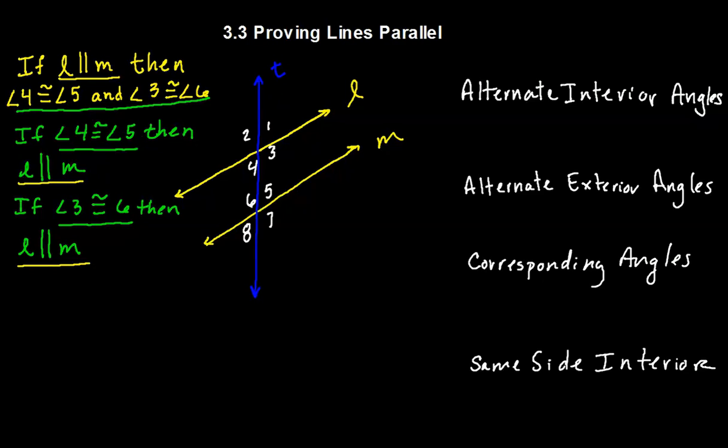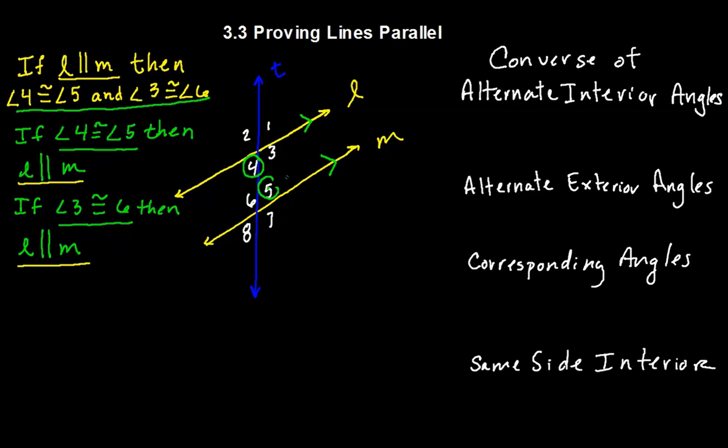So what we're doing on 3.3 is we're working with the converse of alternate interior angles. So what does this mean? It means that if angles 4 and 5 are equal, then you're saying that lines L and M are parallel.